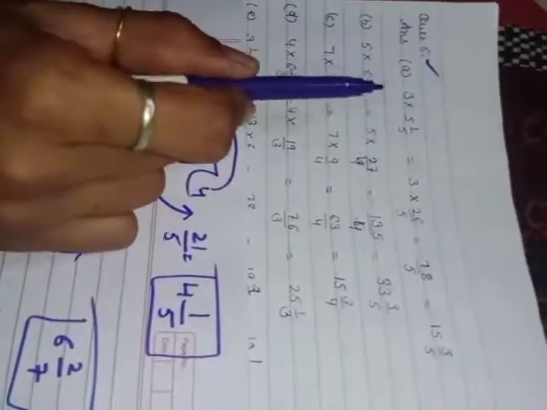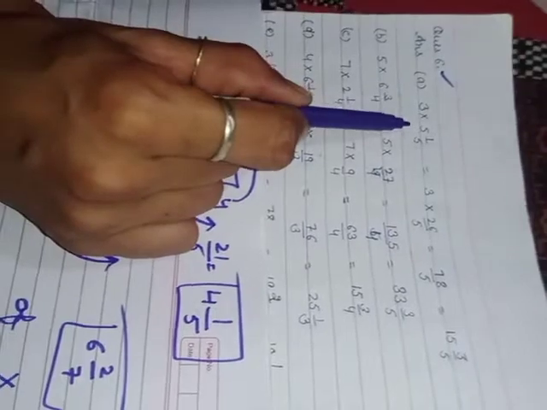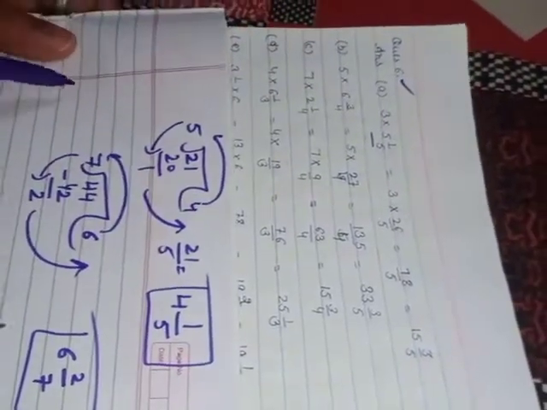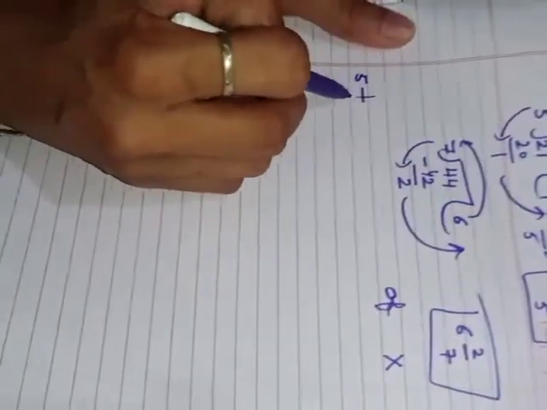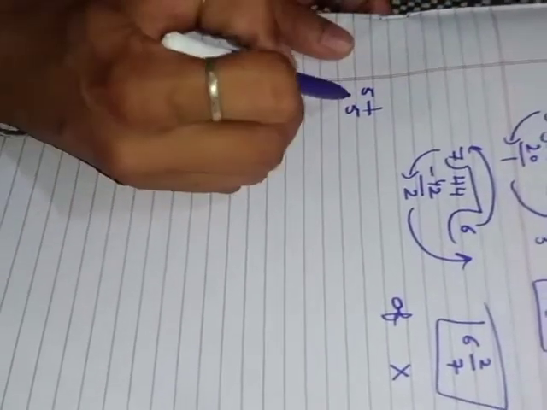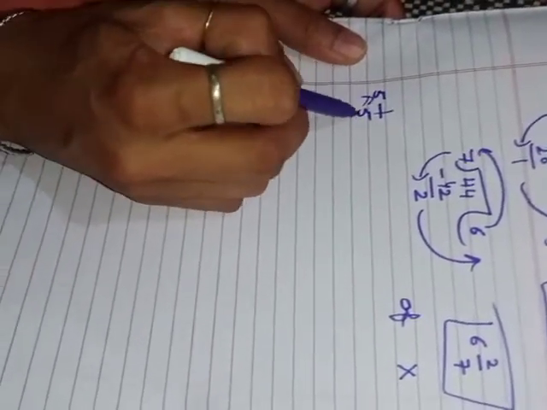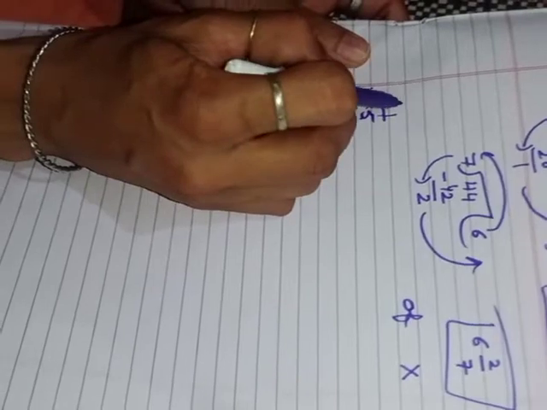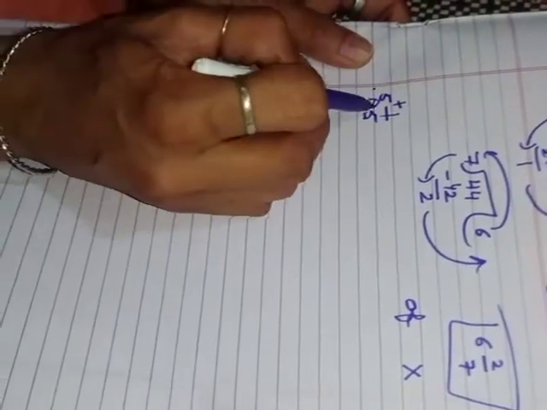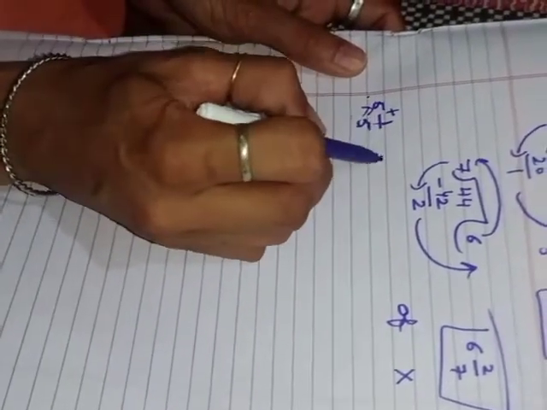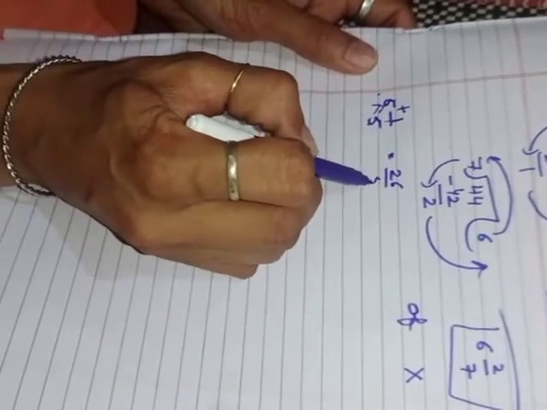Now our sixth sum is 3 multiply 5 1 by 5. So firstly we will change it into a simple fraction. How we will change it, I already told you. Again I am repeating. Multiply this term with this. So 5 5s are 25 and add this term inside it. So 25 plus 1 will be 26 by 5. Clear?